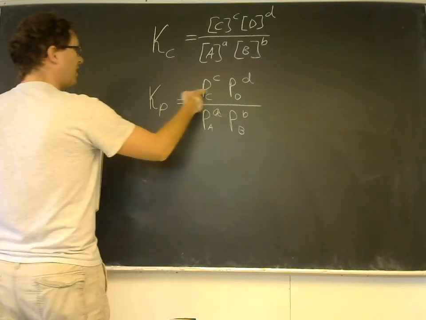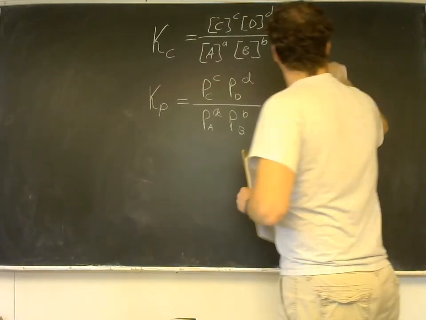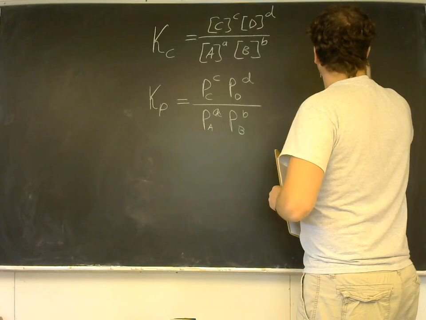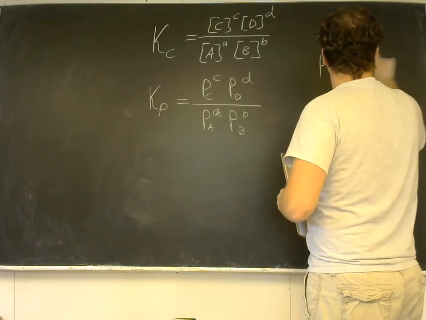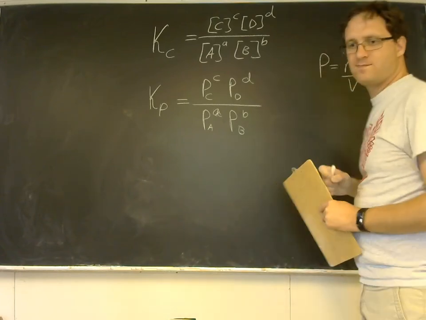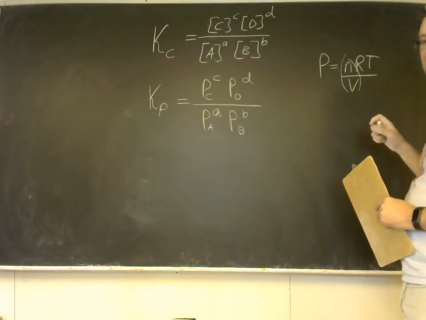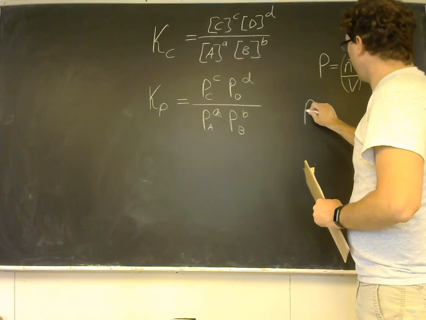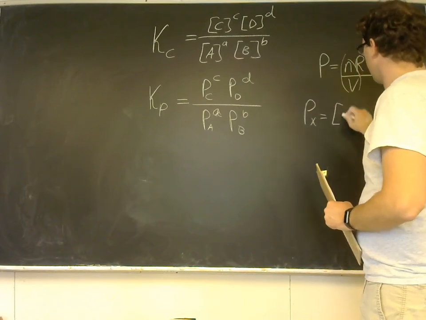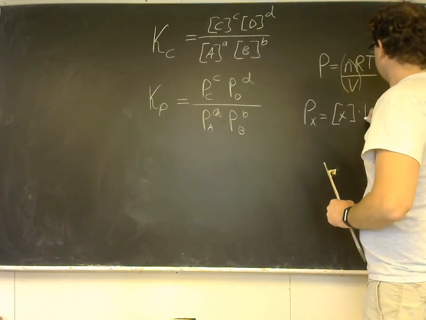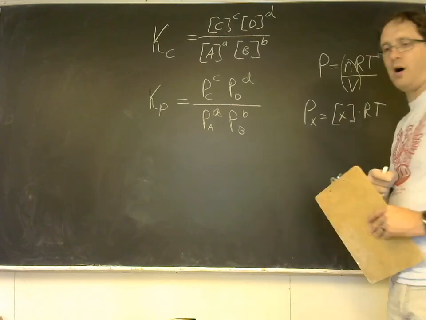If we think about how pressure is equal to nRT over V, and n over V is just the molar concentration, then the pressure of X is equal to the molar concentration of X times RT.